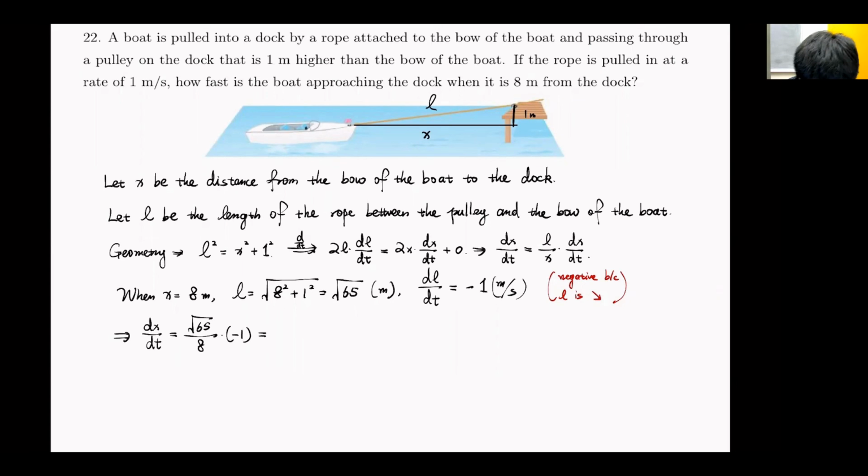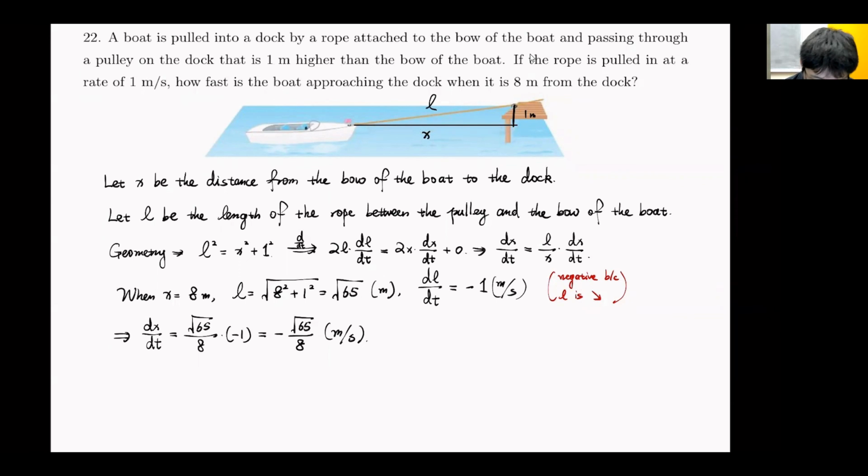So then this will give me minus root of 65 divided by 8. And the unit is meter per second. Okay, so this is what we need. So we need to find the change of x. And as you could see, it is negative because this distance is decreasing.